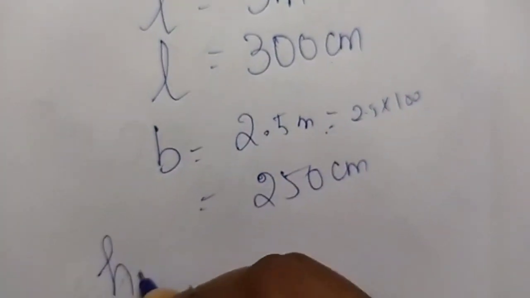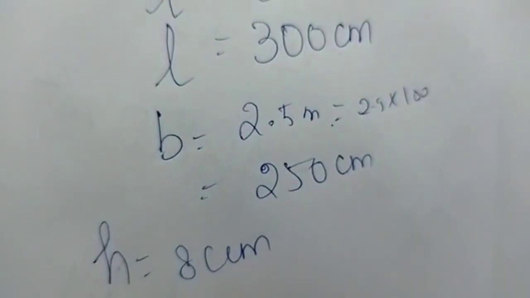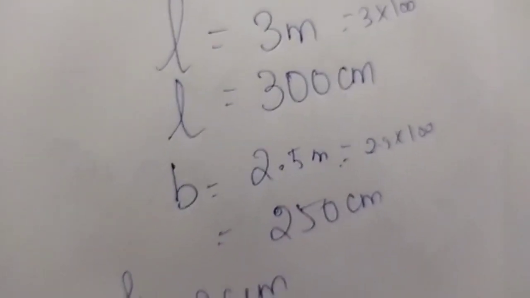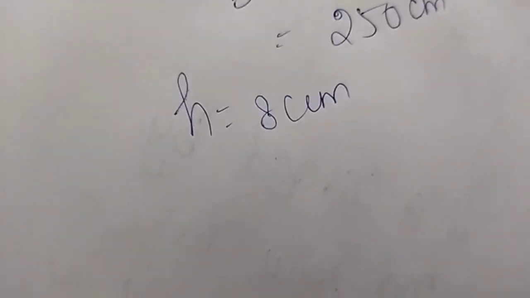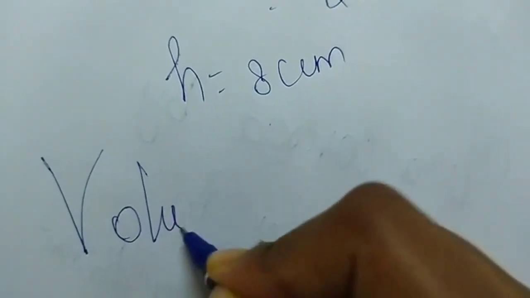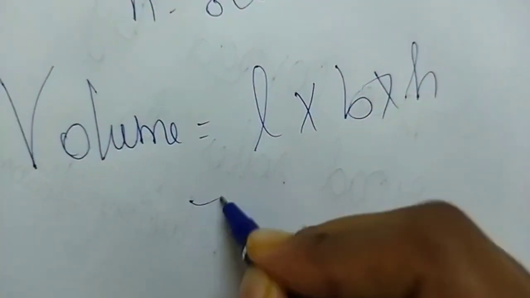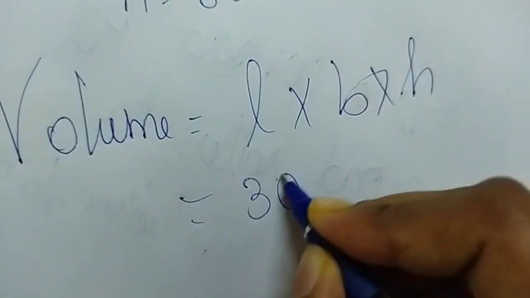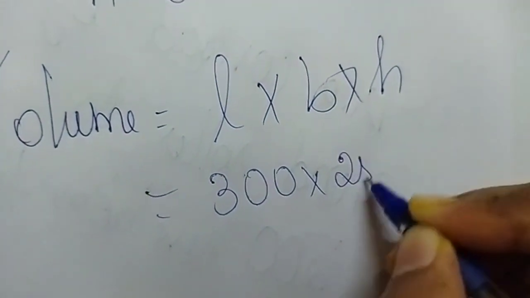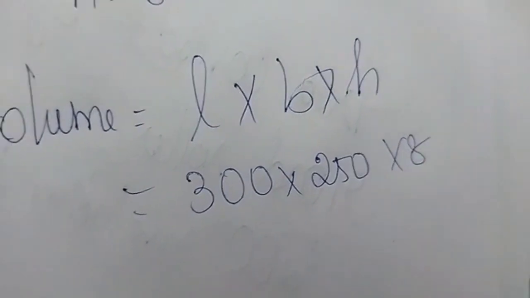Height is equal to 8 centimeter. Now we have length, breadth and height. We can find the volume. Volume is equal to L into B into H. So L is nothing but 300 into 250 into 8.